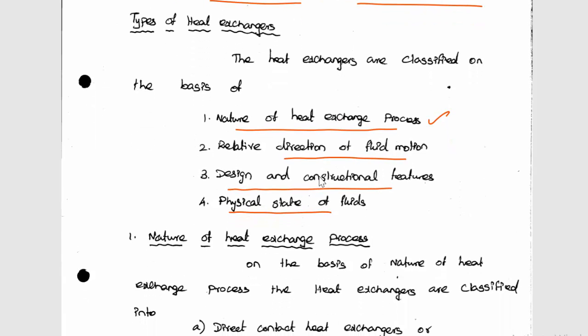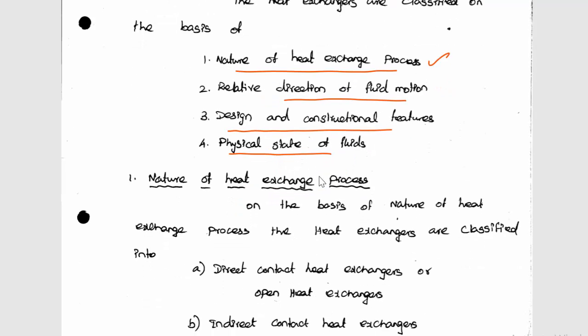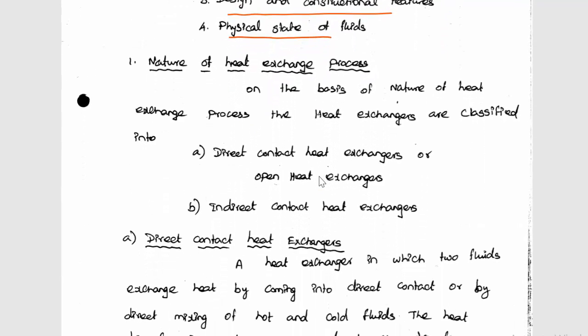Now let me take the first one, the nature of the heat exchange process. Here there are two types of heat exchangers: first, direct contact heat exchangers, and second, indirect contact heat exchangers.